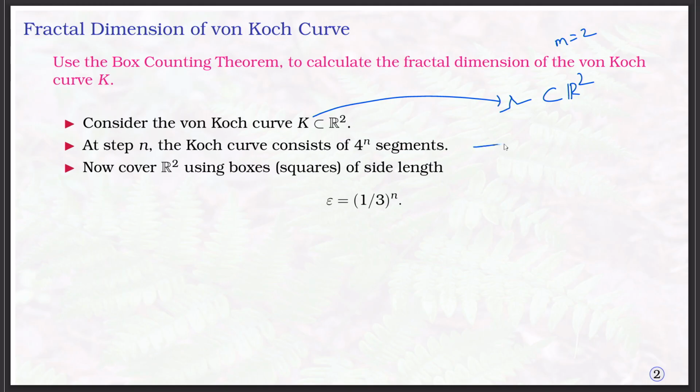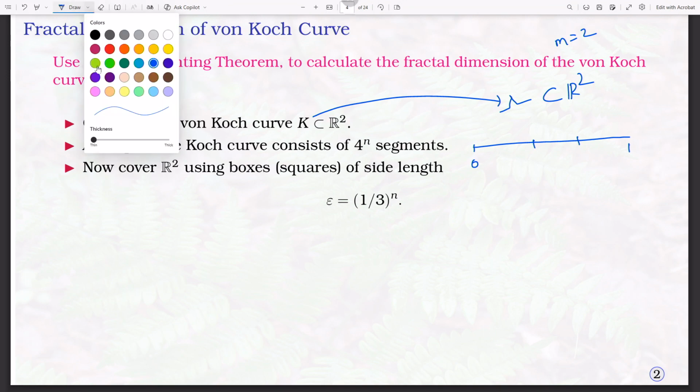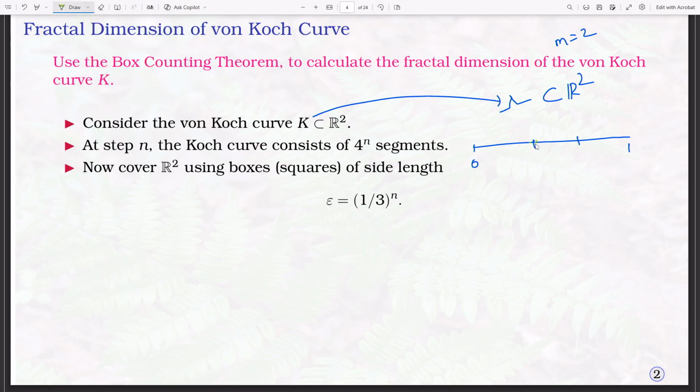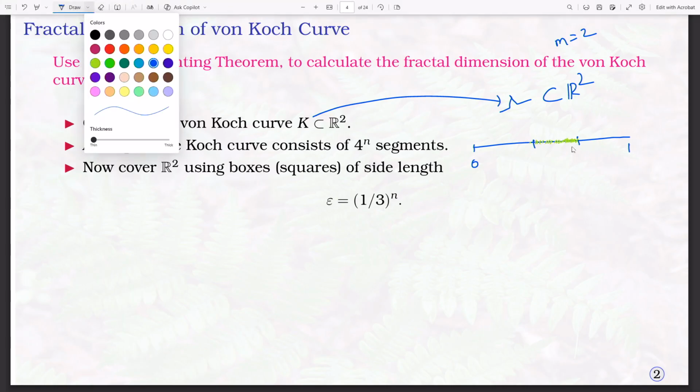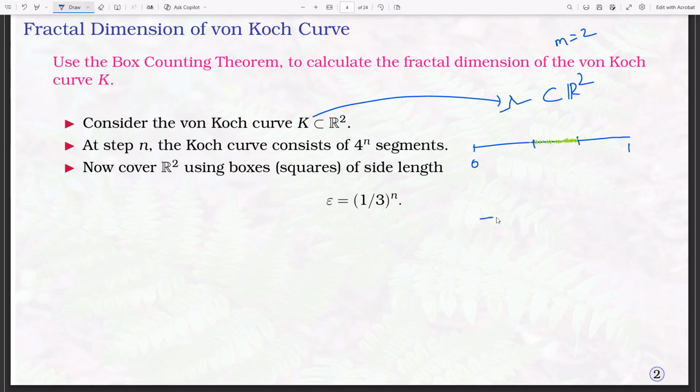We take the line segment from 0 to 1 and divide it into 3 equal parts. Then we remove the middle part and, instead of leaving a gap, make it the side of an equilateral triangle.